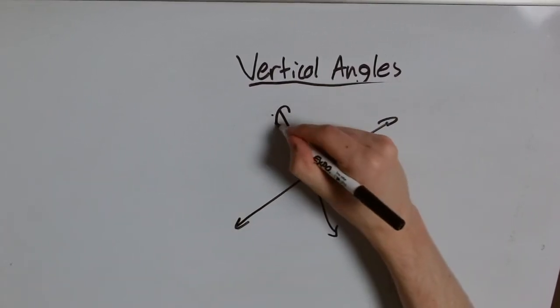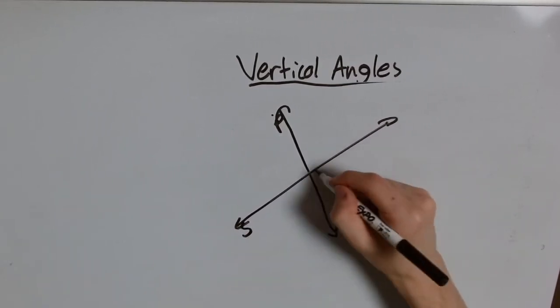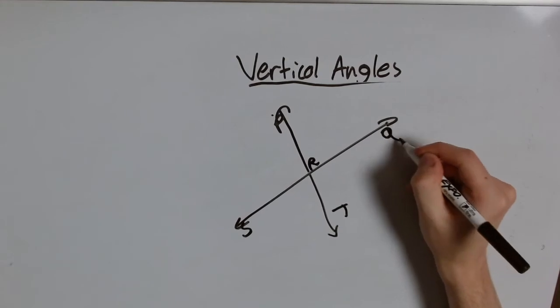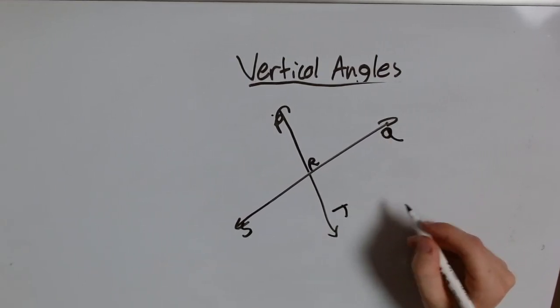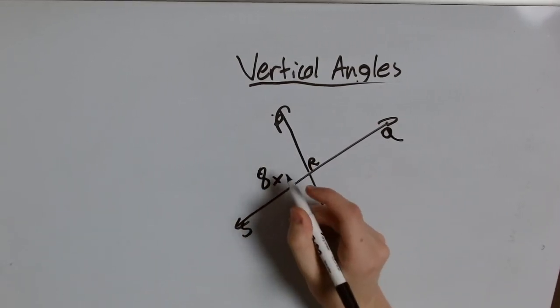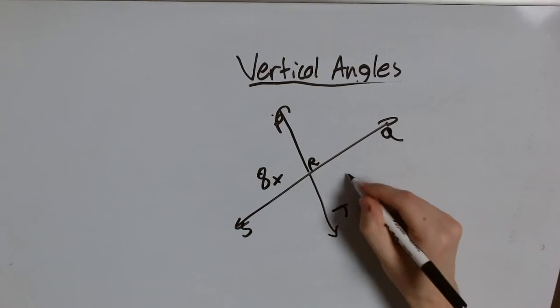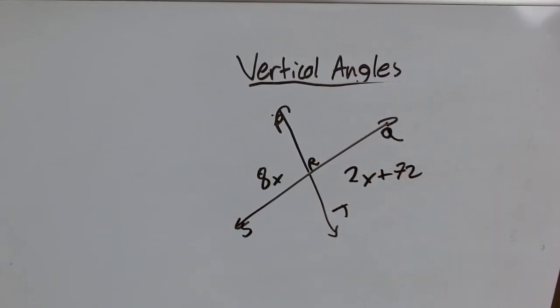This is PT, and this is SRQ, right? I'm given that angle SRP is 8x degrees, and angle QRT is 2x plus 72 degrees.